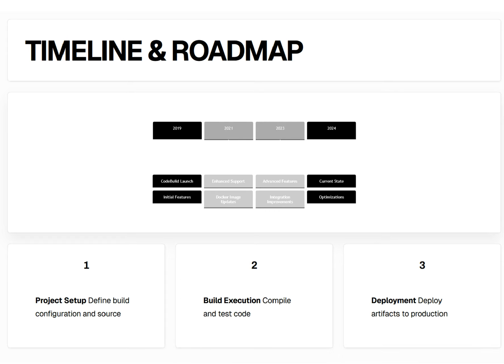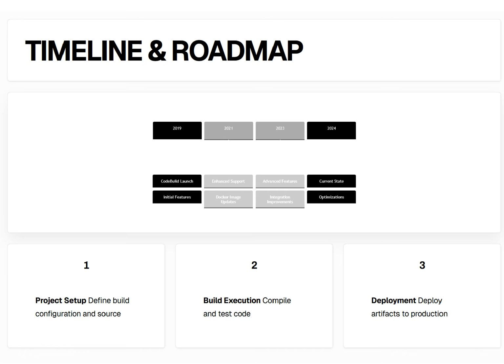Okay. You're looking into a CodeBuild timeline and roadmap in AWS, right? It was initially introduced in 2019 with the CodeBuild launch, which gave you initial features at that time. Then in 2021 they added enhanced support, so Docker image updates, and 2023 developed advanced features and integration improvements.